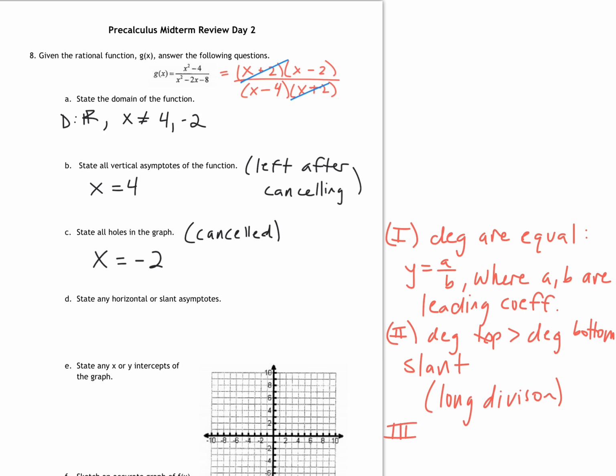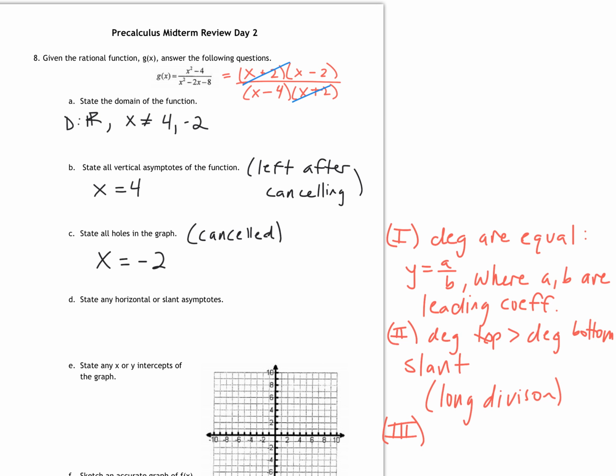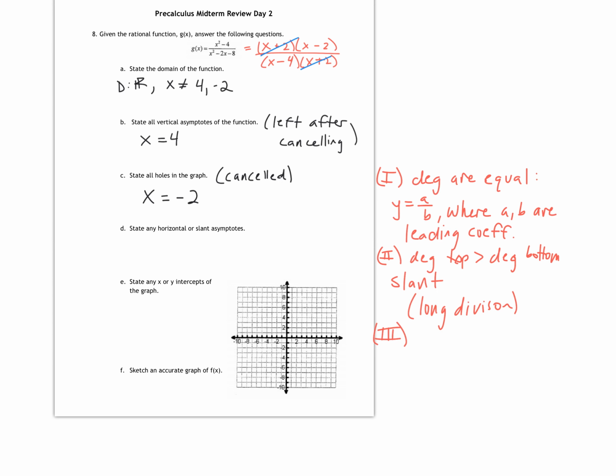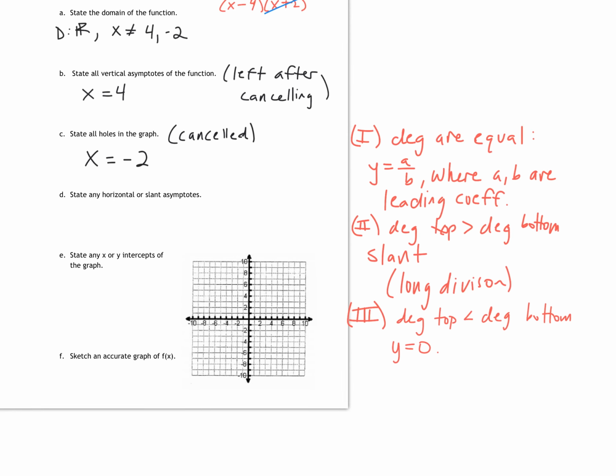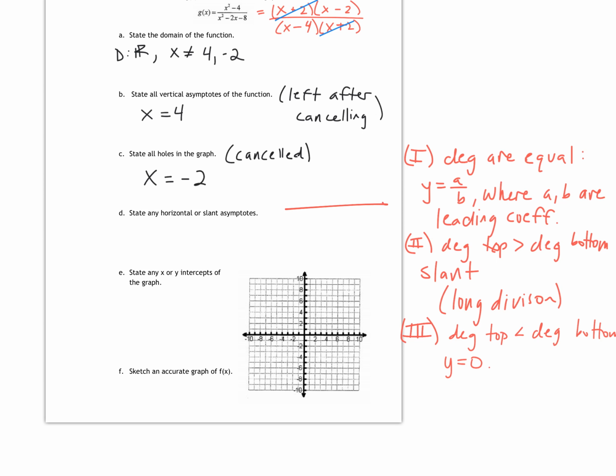Our third situation was when the degree of the top is less than the degree of the bottom. In that situation, it's always a horizontal asymptote at y equals 0. So that might be useful for our slant asymptotes or horizontal asymptotes, that whole section.